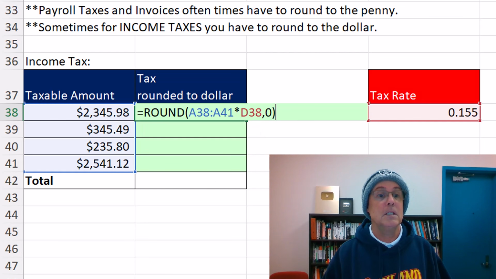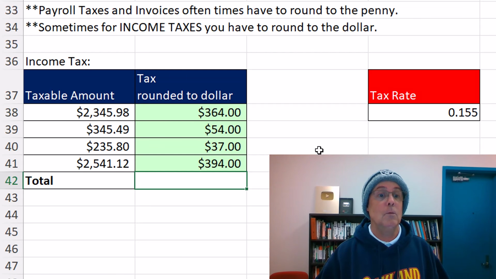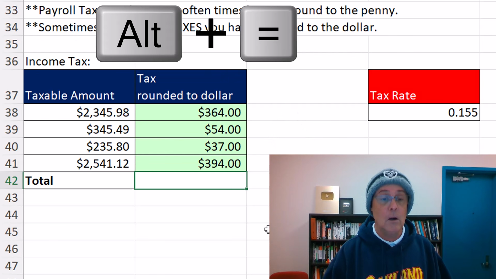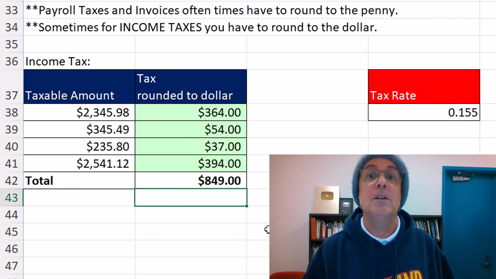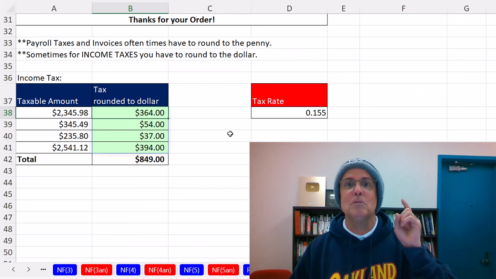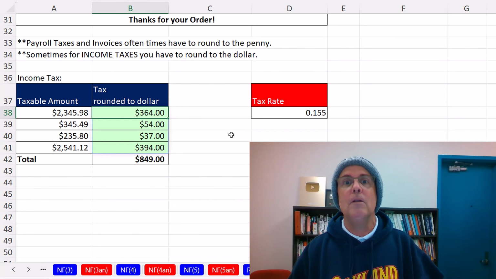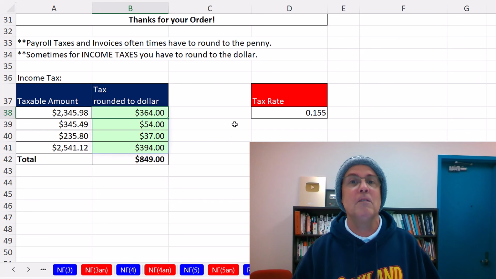Close parentheses. And that gives us the 1, 2, 3, 4 tax amounts that are rounded to the dollar. Alt equals, and bam, we owe $849.